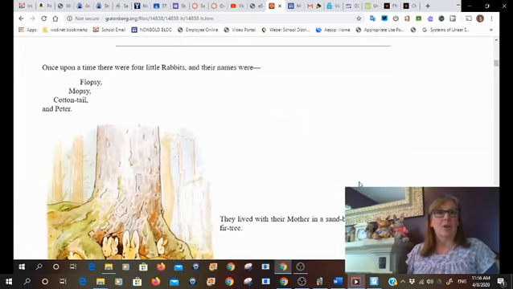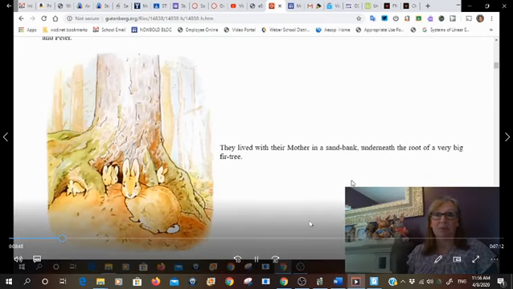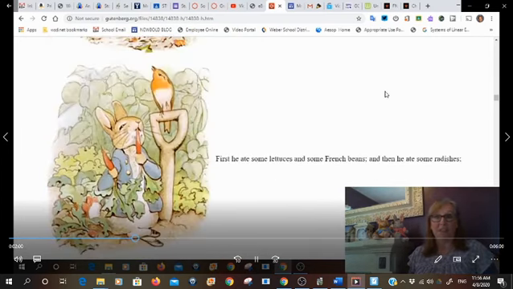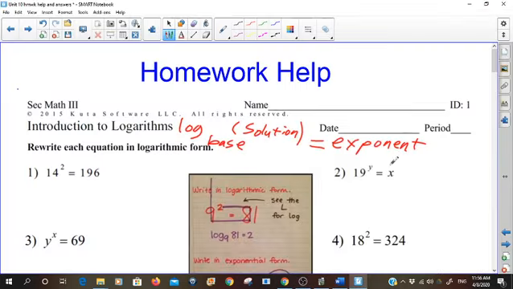Once upon a time there were 4 little rabbits, and their names were Flopsy, Mopsy, Cottontail and Peter. They lived with their mother in a sandbank underneath.